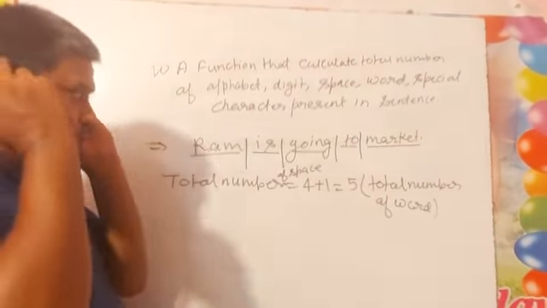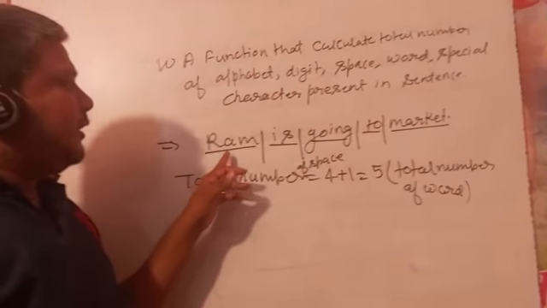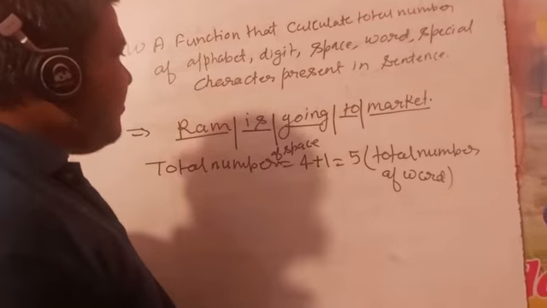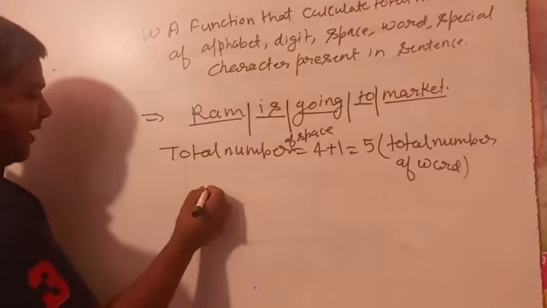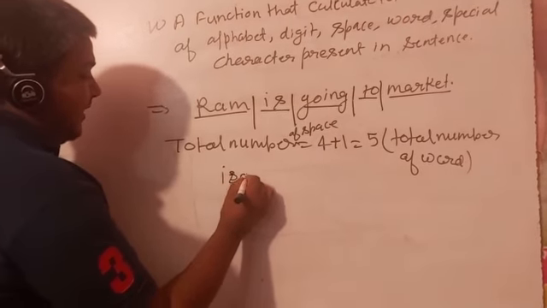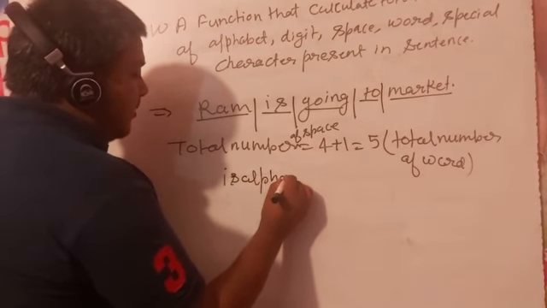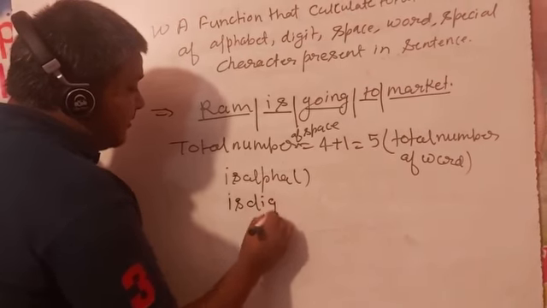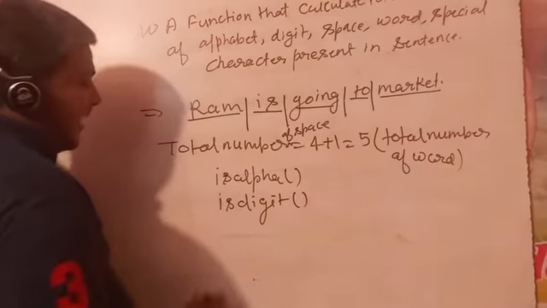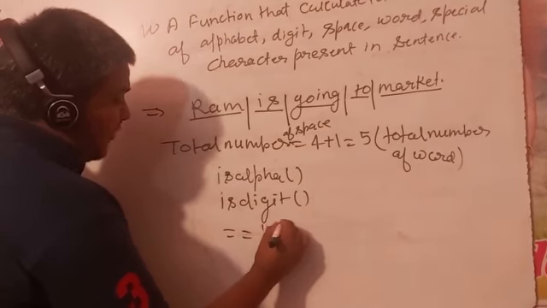Now what we have to do, we have to also count the total number of digits and total number of spaces. So we have a function whose name is alpha. We have a function whose name is digit, and I will check whether it is equal to space.